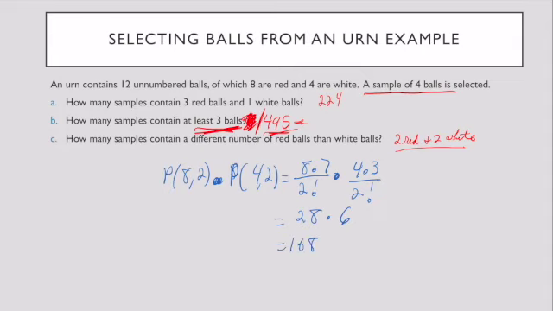If I take 495 minus 168, that gives me 327. So there's 327 samples that contain a different number of red balls than white balls.